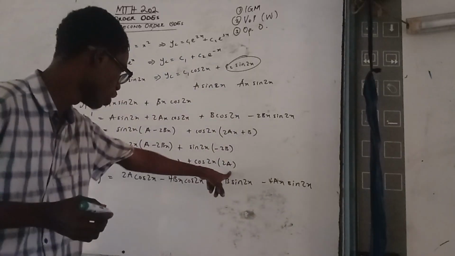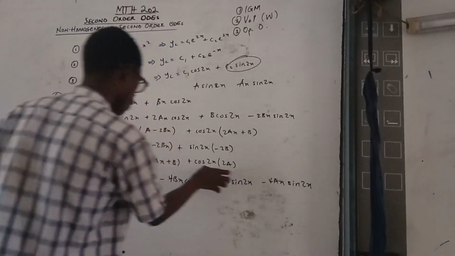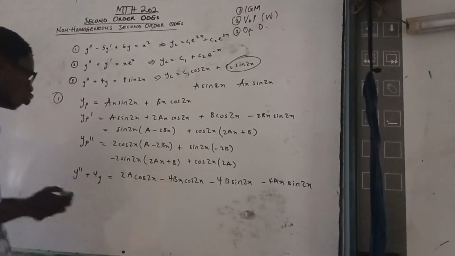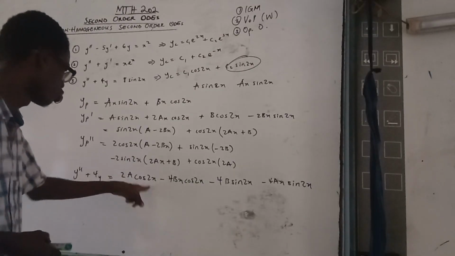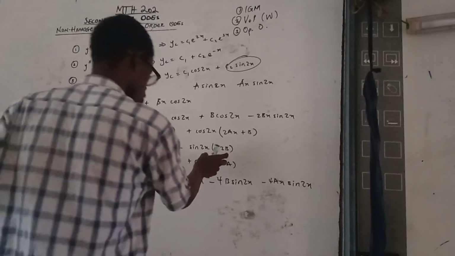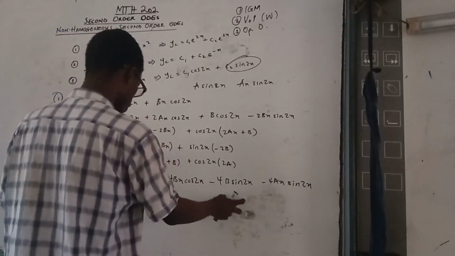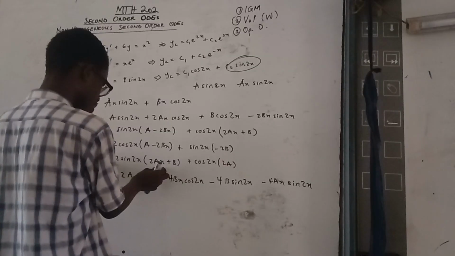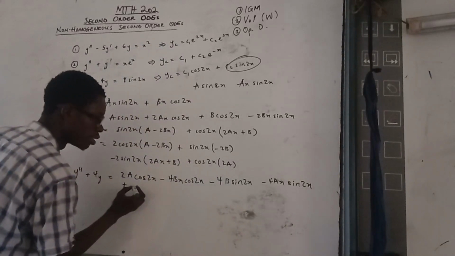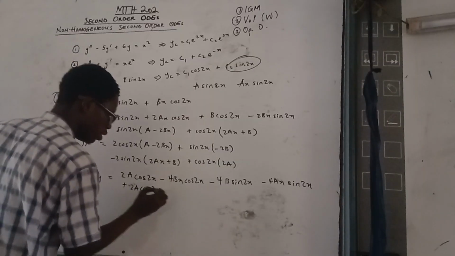So this is 4ax. We have 2a cos 2x, minus 4bx cos 2x, minus 4b sin 2x, minus 4ax sin 2x, and for the last one, plus 4a cos 2x.